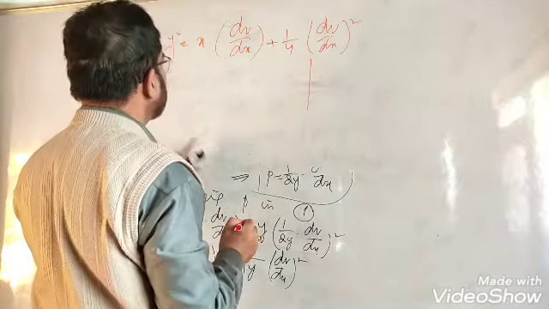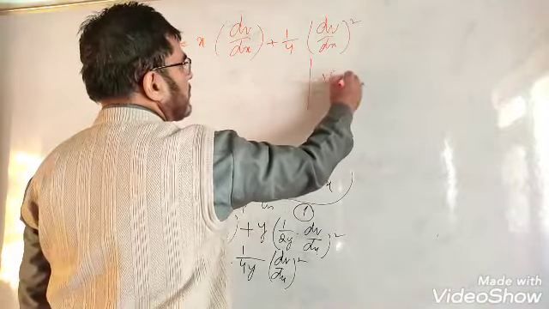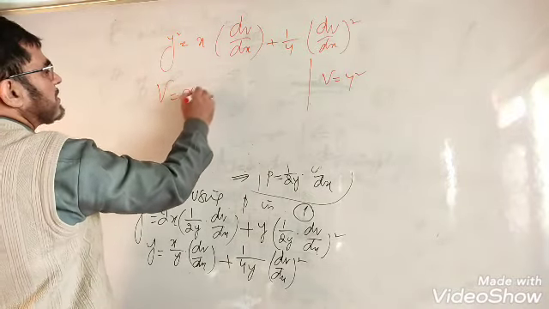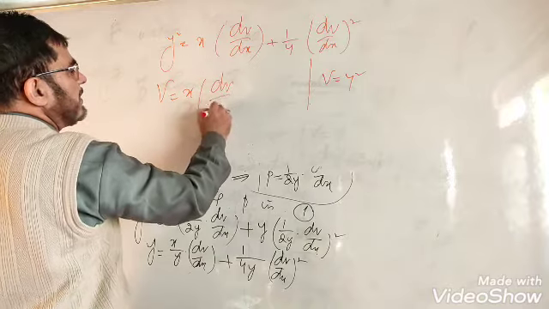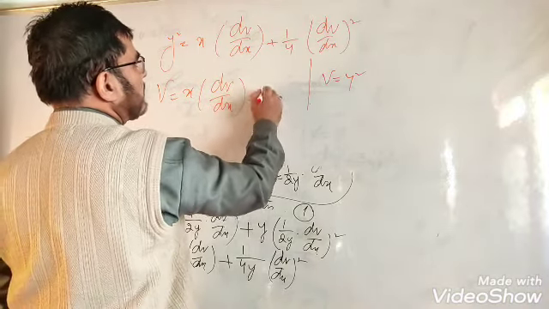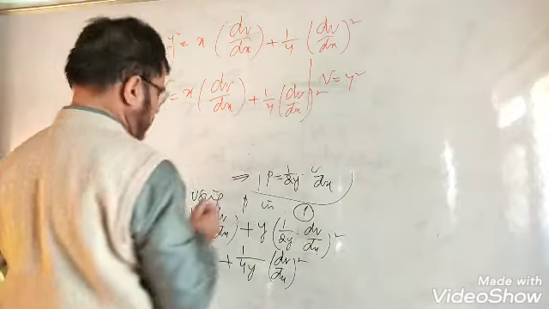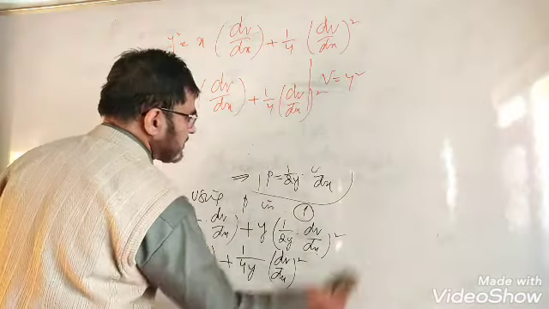Now what is your y²? You put v = y², so this is v = x dv/dx + 1/4 (dv/dx)². Do you see? It is a Clairaut.